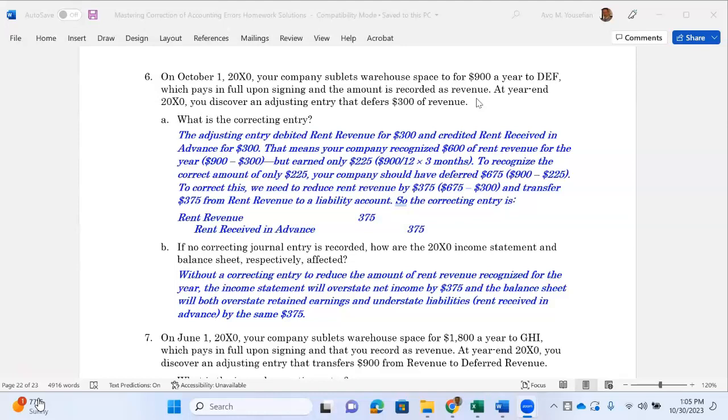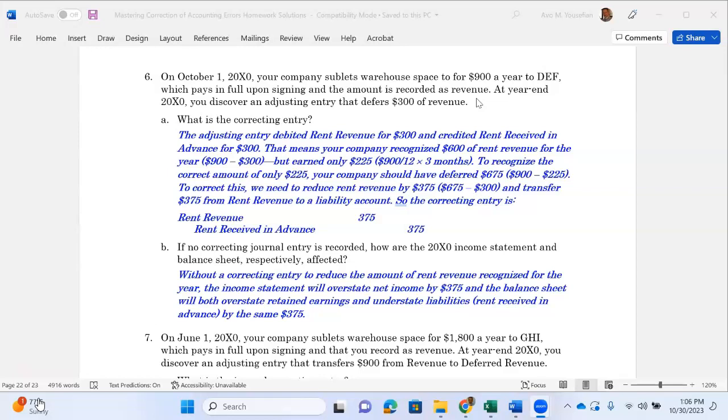At the year end of 2020, you discover an adjusting entry that defers $300 of revenue. Defers $300 of revenue, that means someone debited the revenue for $300 to reduce it, and someone credited $300 as unearned rent revenue. Unearned rent revenue or deferred rent revenue is the same thing.